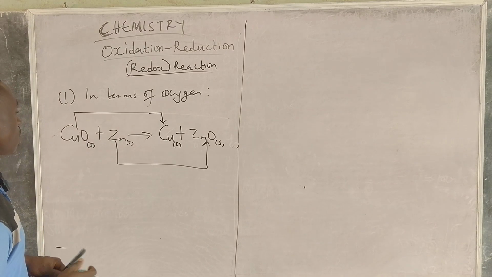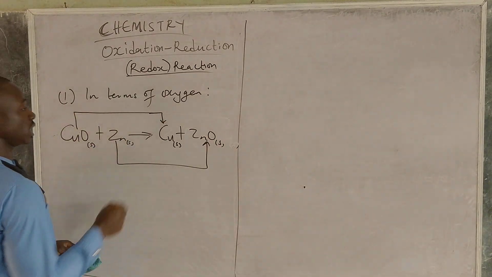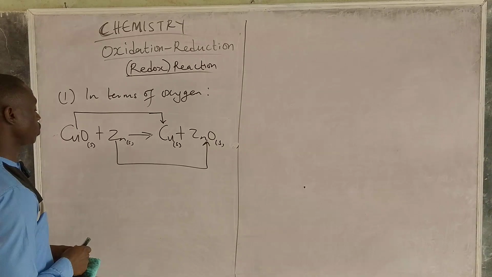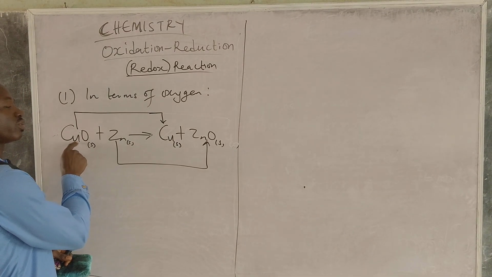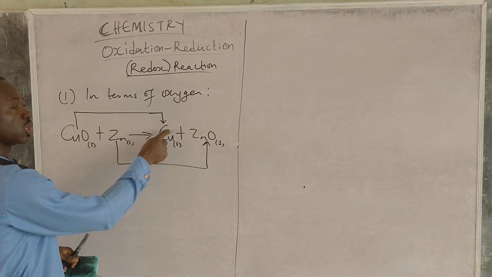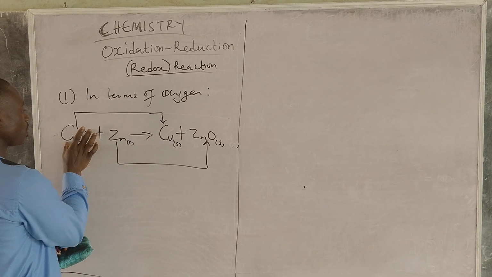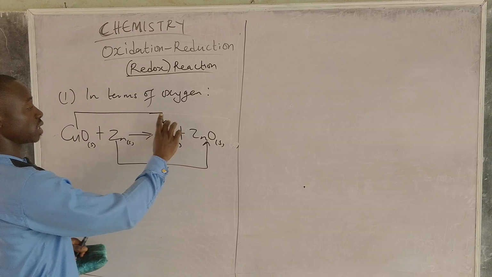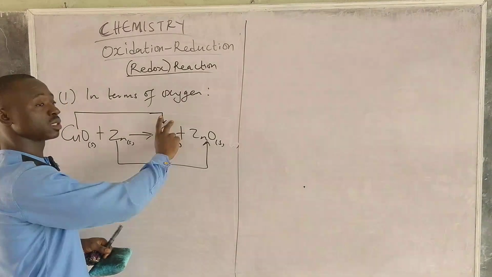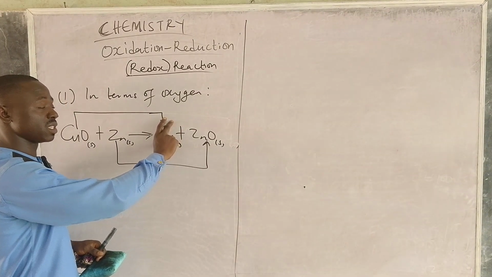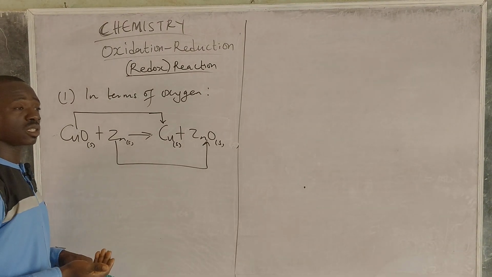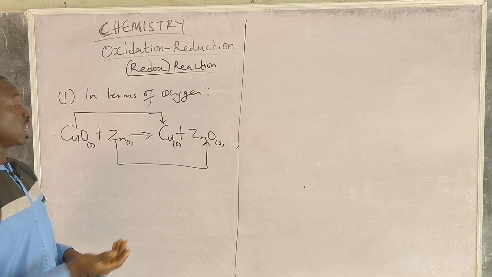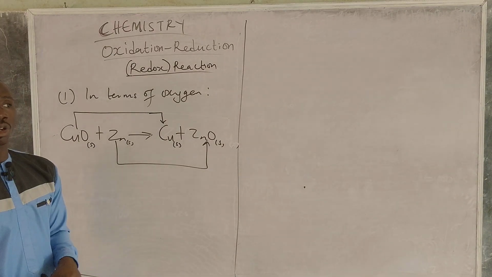Now from the left to the right hand side of the equation, we can see that oxygen has been removed from copper to give us ordinary copper. On the left, copper is having oxygen, but on the right hand side, copper no longer has oxygen. So copper is standing alone, in the ground state, in the uncombined state. So we can say that oxygen has been removed from copper.